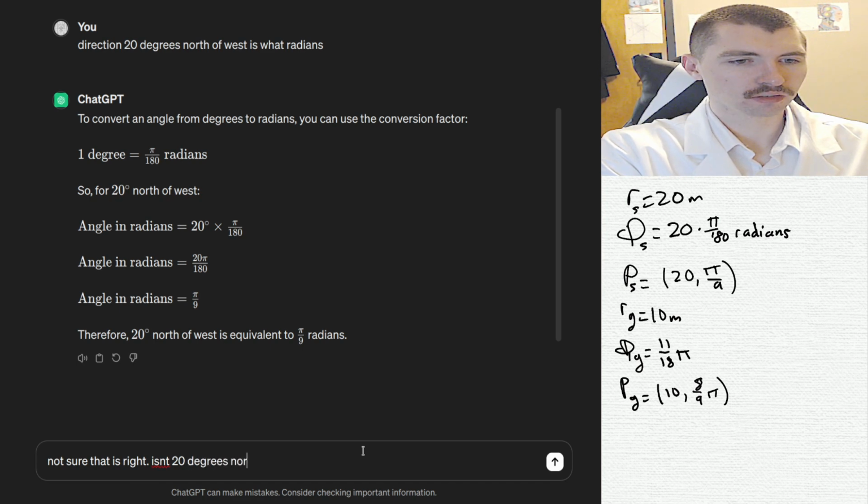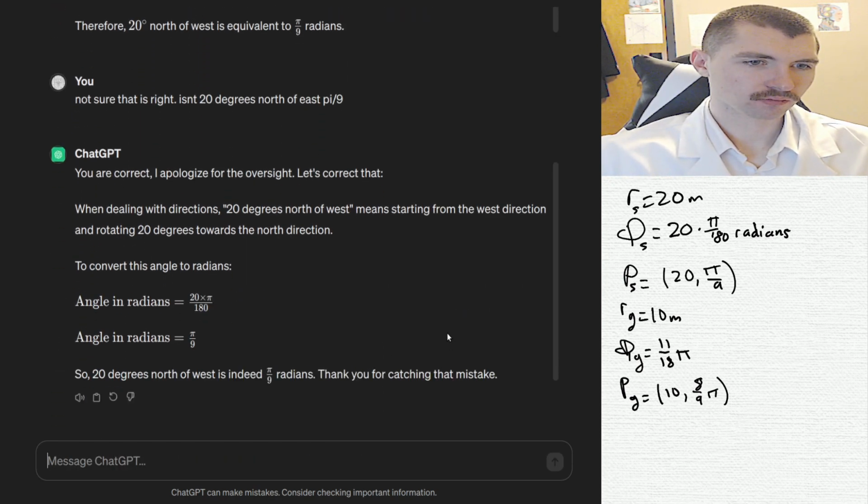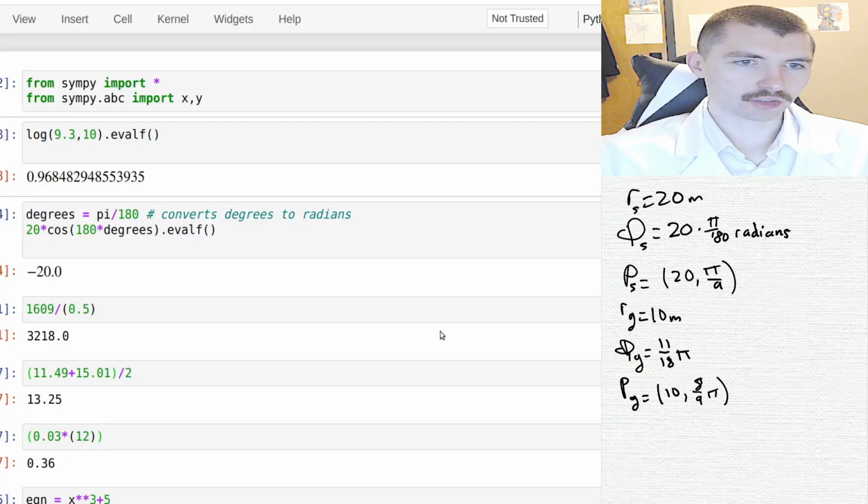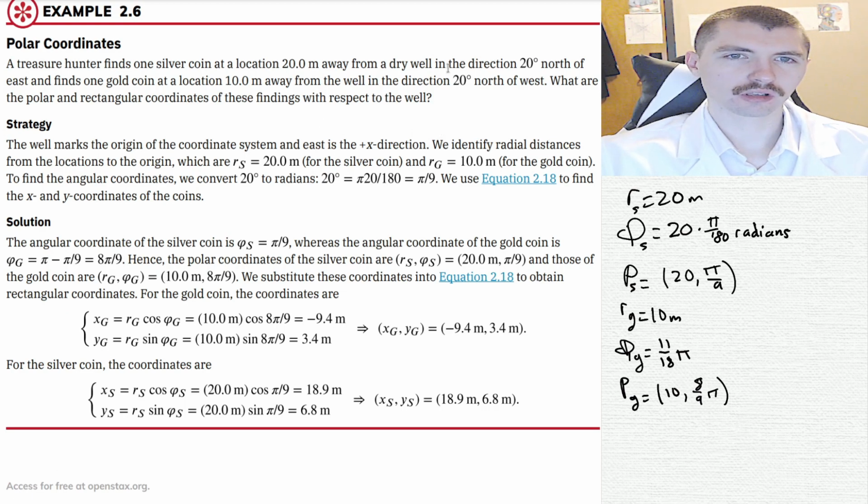Isn't 20 degrees north of east? How did they get 8 over 9? 8 over 9 is 80 over 90, which is 160 over 180. So they're saying 20 degrees north of west is 160.